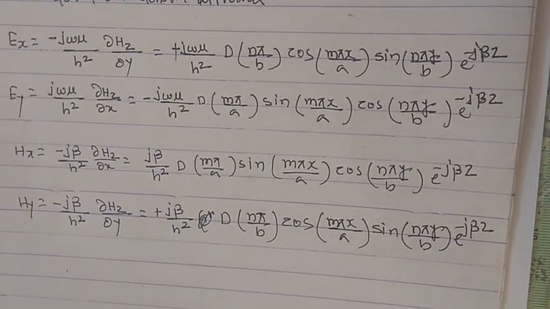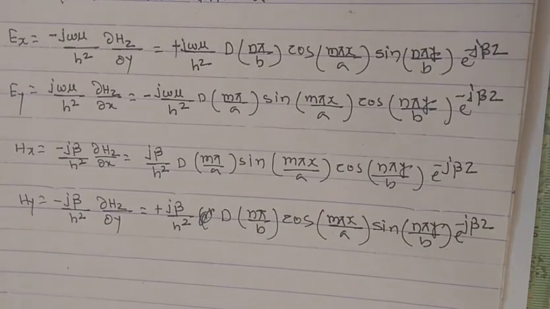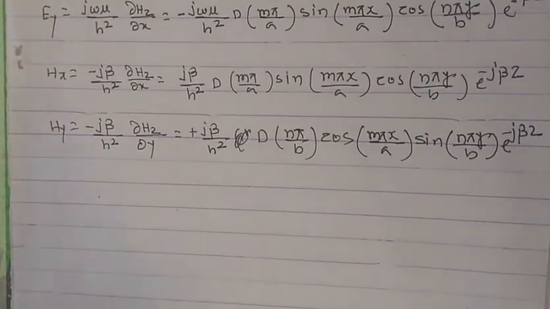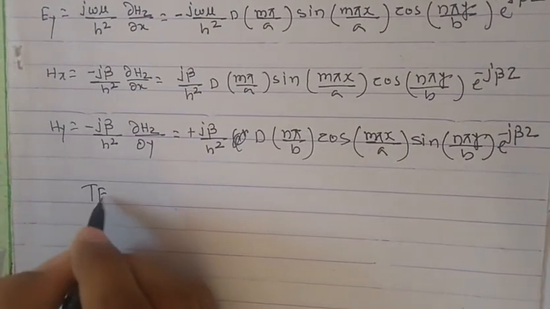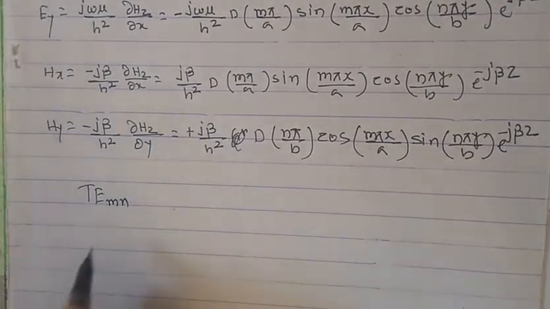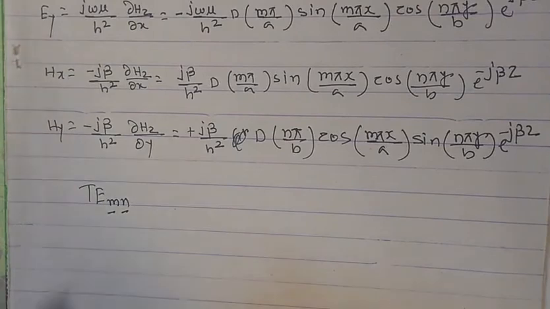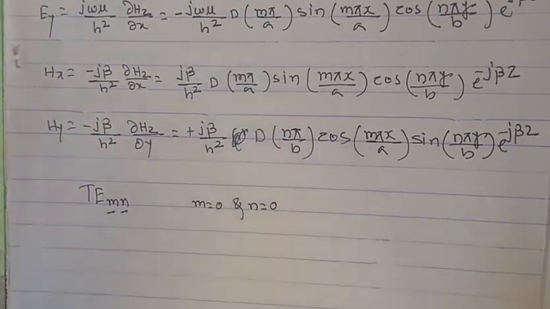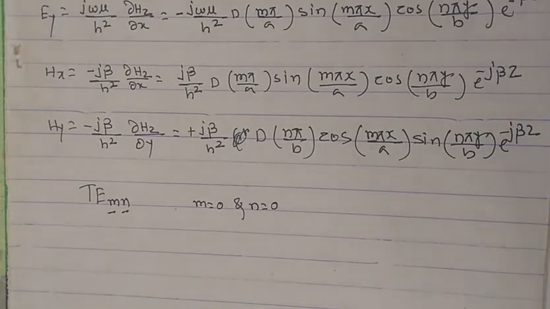The final comment: what is the lowest order possible mode for TE? You know that m and n are mode indices. Let us consider you have m equal to 0 and n equal to 0. Whether it is possible. See your equation number 6, the complete solution.